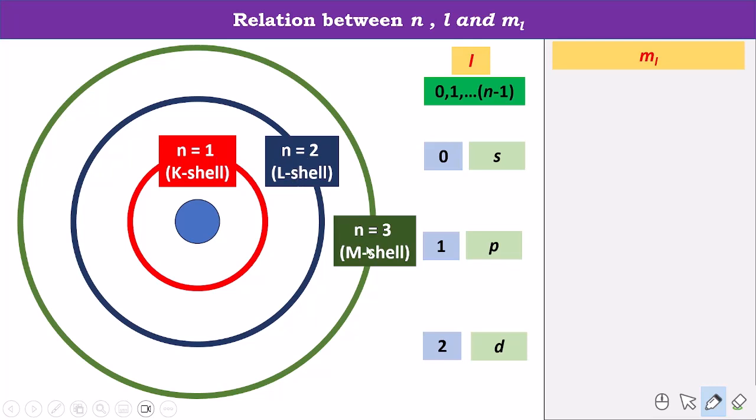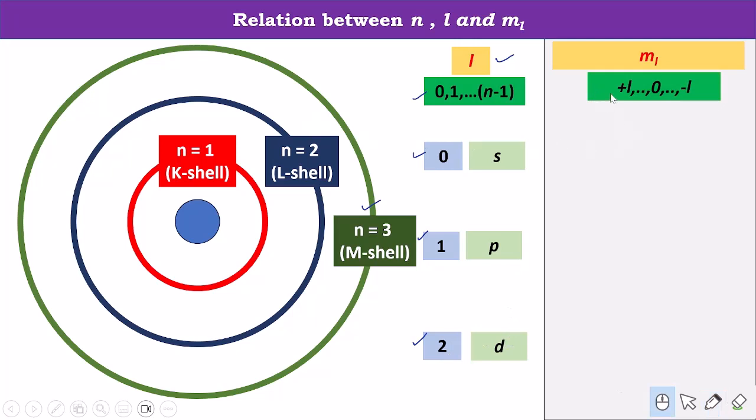Second is the L shell and third one is the M shell. Let's consider the M shell having principal quantum number n is equal to 3. Possible azimuthal quantum numbers can be calculated using this formula. The possible values are 0, 1 and 2. The value 0 represents S subshell, 1 represents P subshell and 2 represents D subshell.